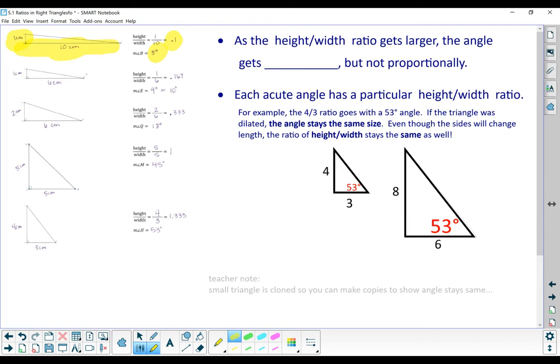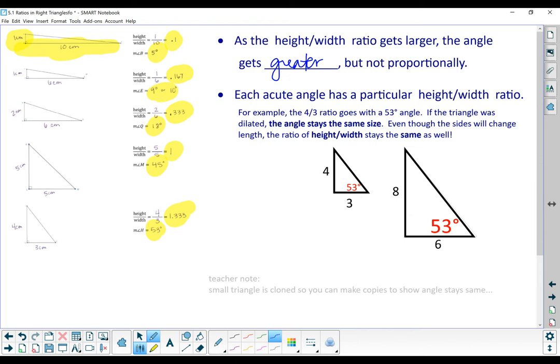What we discovered in class is that as that height to width ratio gets greater, our angle also gets greater, but it is not proportionate. We've talked before in our similarity unit about how angles don't work in proportions. They are not ever directly proportional.